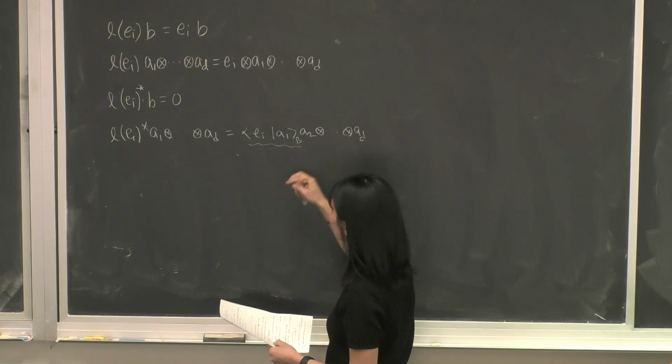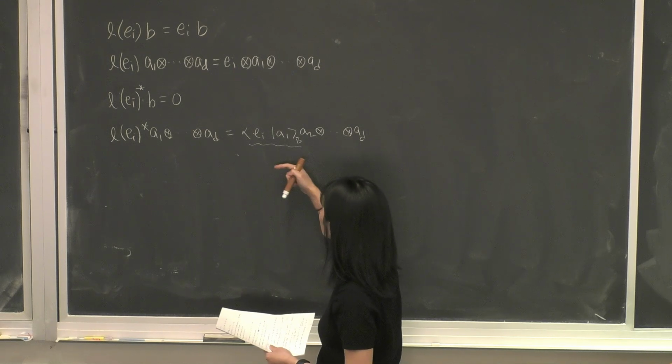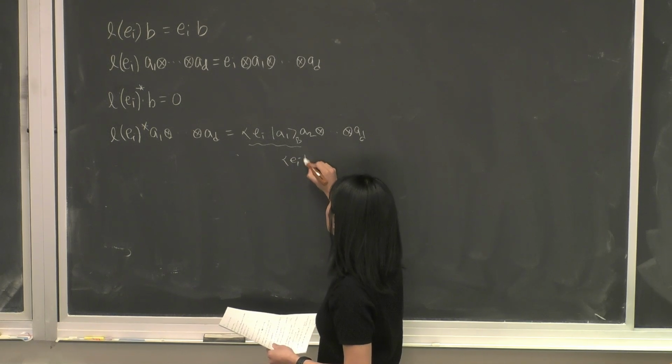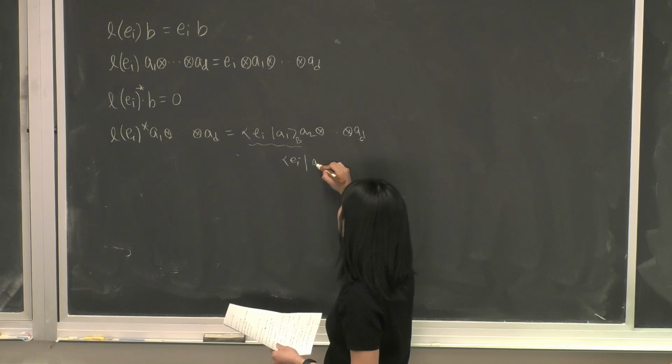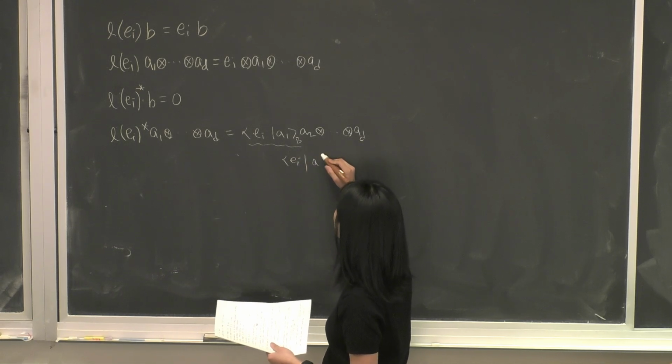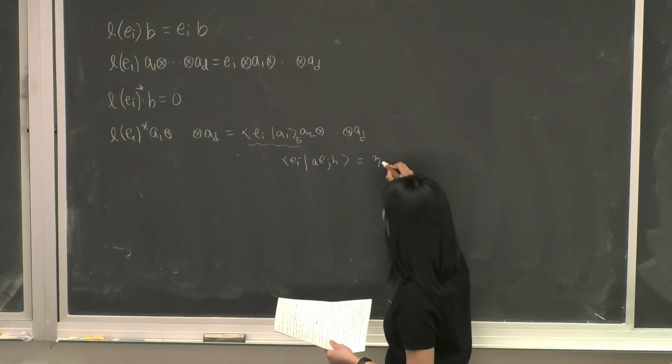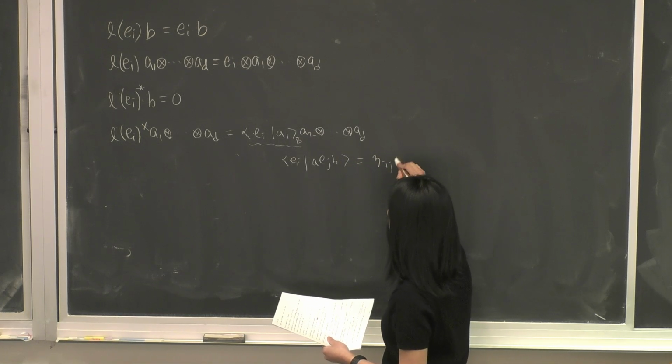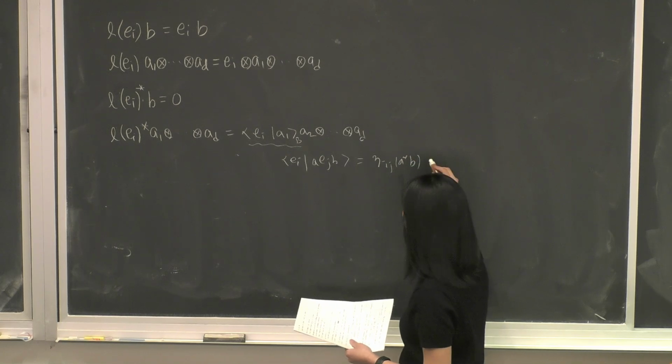And this is the B-valued inner product, which is, if A1 looks like A, E_j, B, then this is eta ij, A star, B.